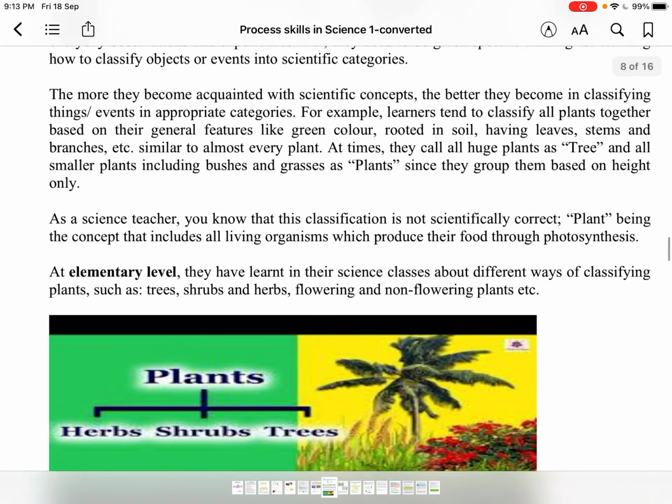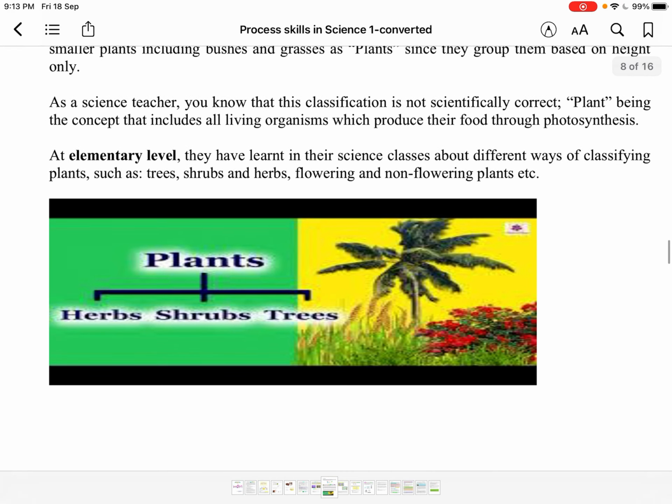And here you can say at the primary level, while teaching biology at the elementary level, the learners can differentiate or classify the plants such as tree, shrub and herbs. And they further learn that among the plants, one group is flowering and another group is non-flowering.